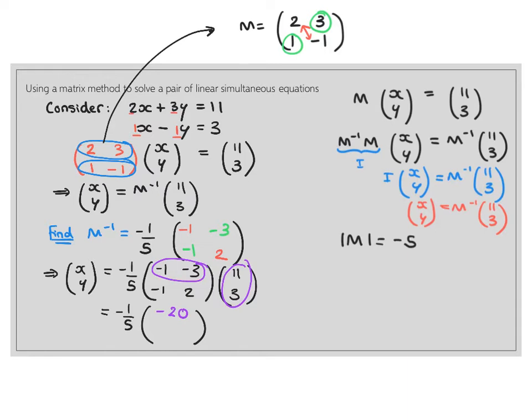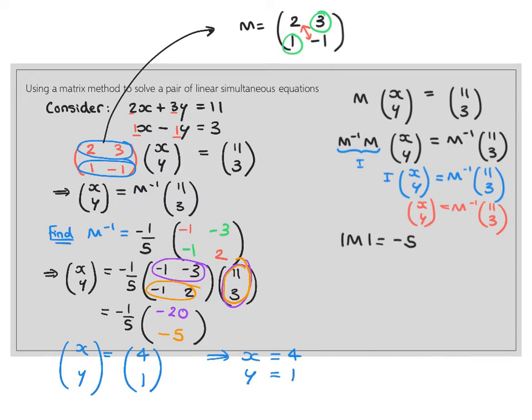And then, of course, I want to do this pair here, multiplying by this pair here. So that's negative 11 plus 6, which gives me negative 5. So when I then take negative 1/5 of both these items, I get 4 and 1. So xy is equal to 4, 1, which gives me x equals 4, y is equal to 1.